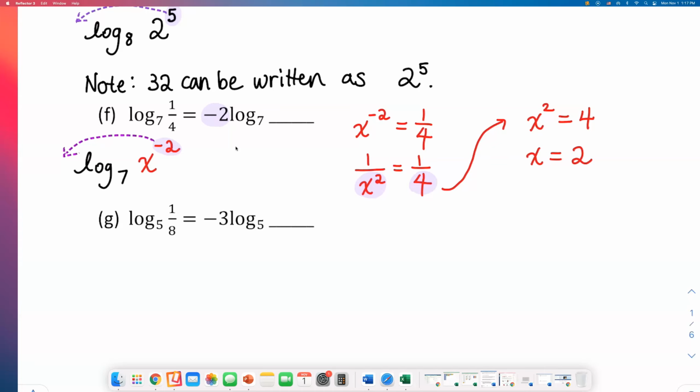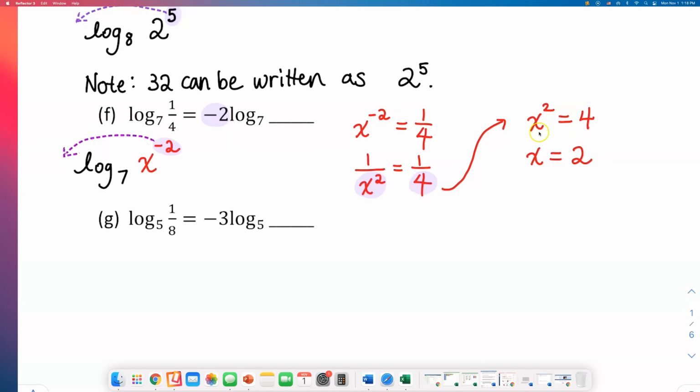It should not be negative 2 because a log argument cannot be negative, okay? In 3.3, we talked about how to find the domain of a log function. And to find the domain of a log function, the argument had to be greater than 0, not equal to 0, but strictly greater than 0, right?